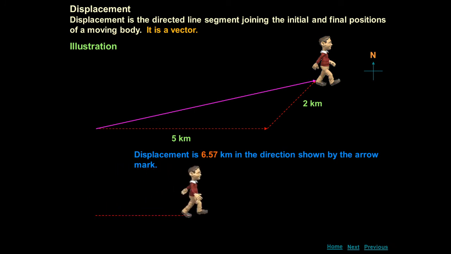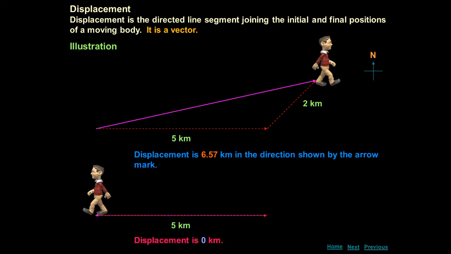See another illustration, as we have taken in displacement also. Now the initial and final positions coincide, so displacement is 0 kilometer, but the total distance is 10 kilometer.